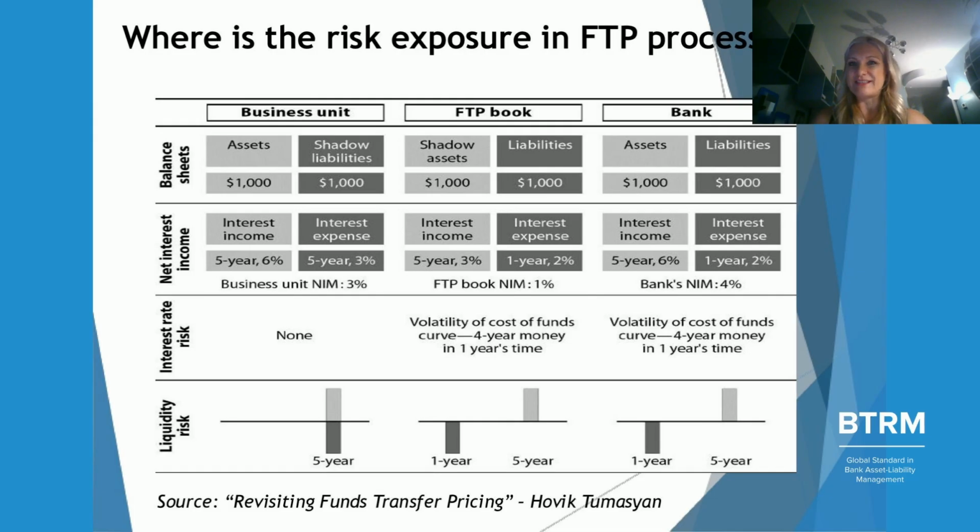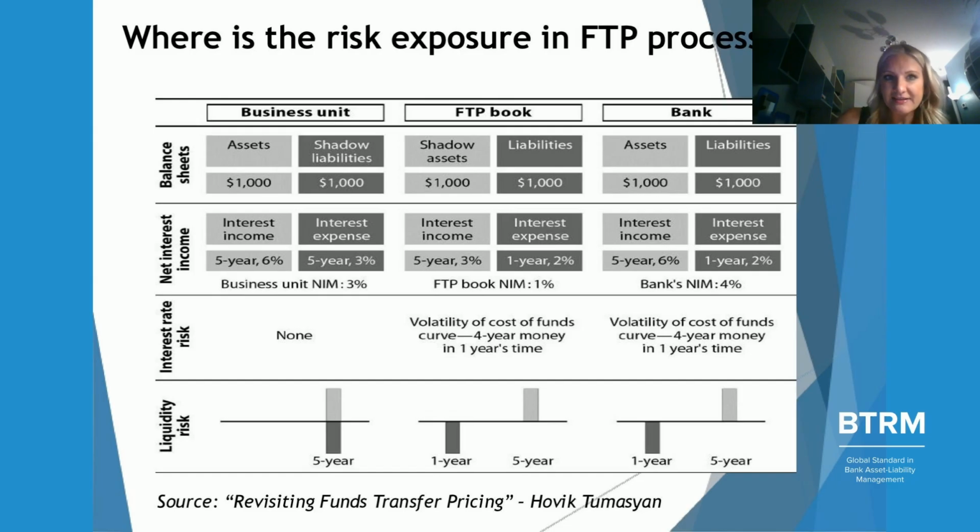In order to understand what is the driver of this P&L, you need to see the FTP. Through FTP, you see the true profitability of the product, or the true added value of the product, whether the product is adding value or destroying value.